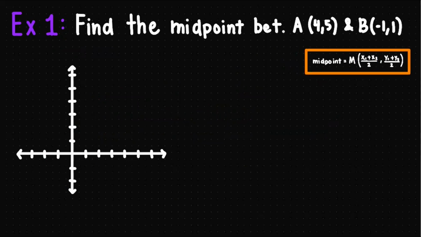To solve this, let us first start by plotting the given points so we can easily visualize what is happening here. First, plotting 4, 5, we have 1, 2, 3, 4, then 1, 2, 3, 4, and 5. So it's here.